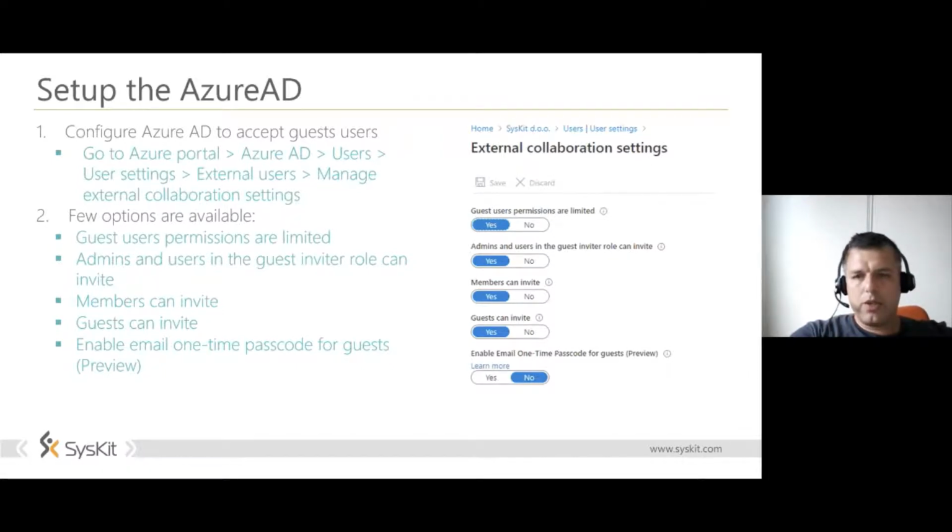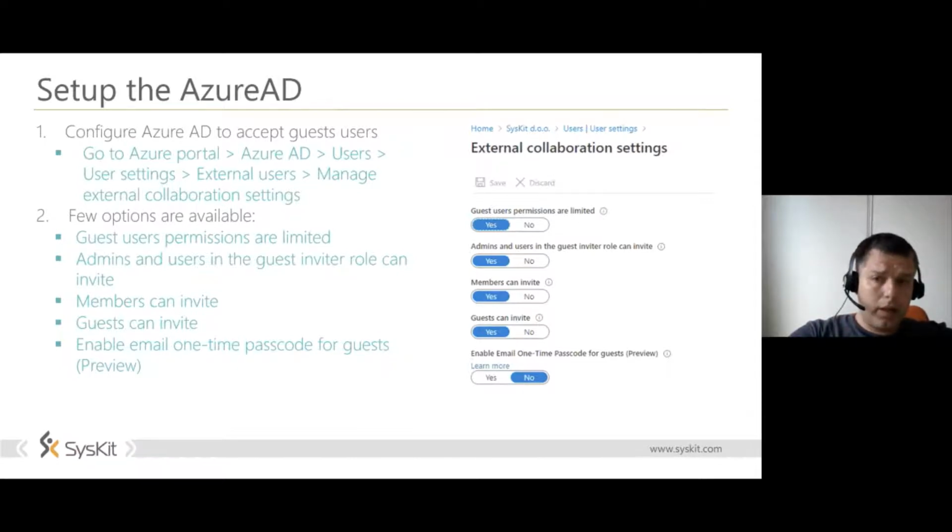Guest users permissions are limited. This means this policy determines permissions for guests in your directory. You need to select yes to block users from certain directory tasks, for example, enumerating users, groups, or other directory resources.